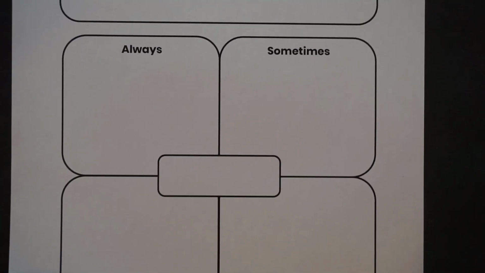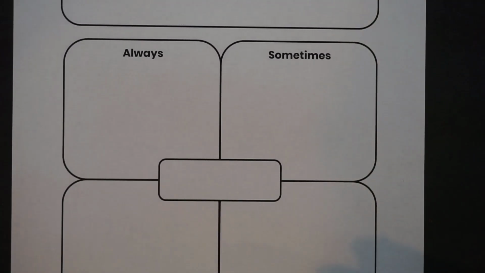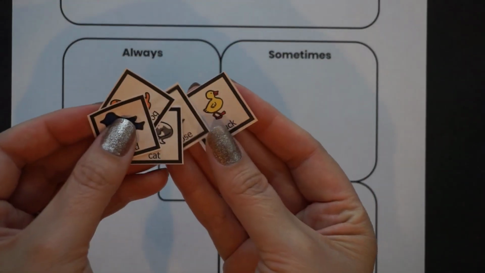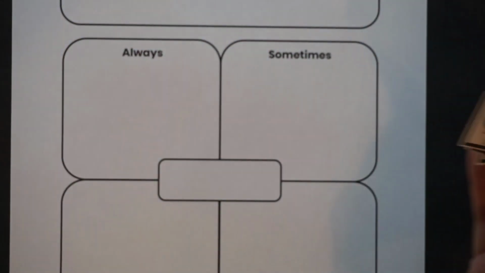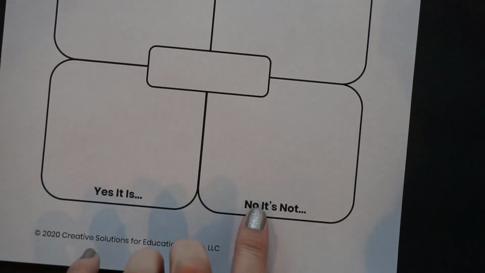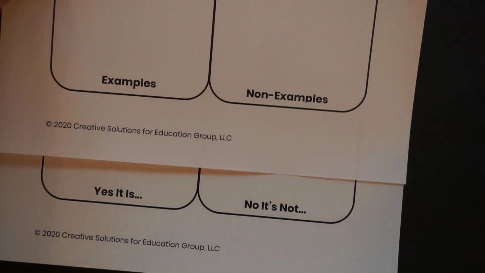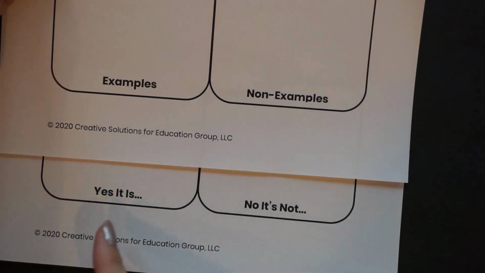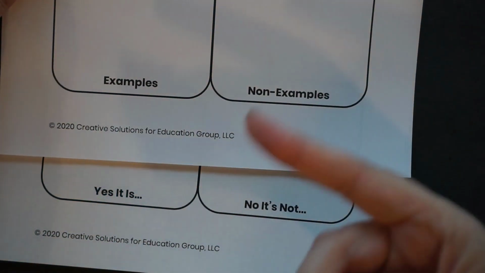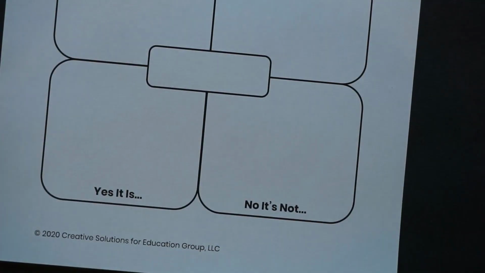And to make this even more accessible to your children or students who have some language concerns or some reading concerns or writing even, you can create some pictures. So I've created some pictures here to show you the yes it is and no it's not, or the examples and non-examples. So same concept, just more formal language, simpler language to help them understand the concept to start.